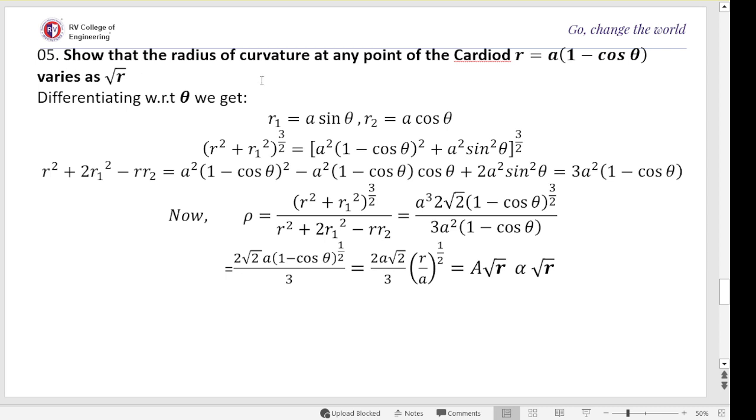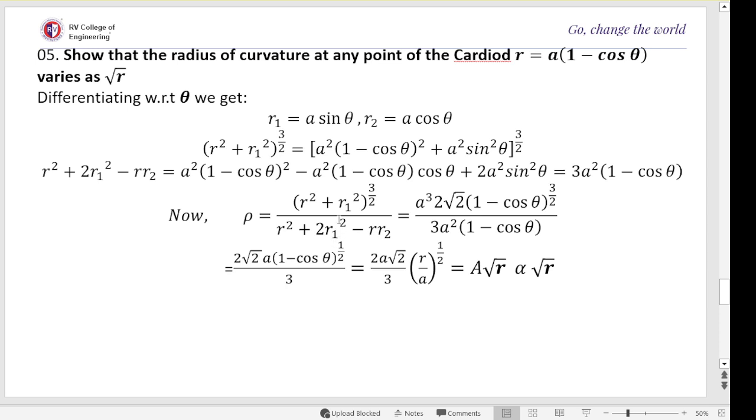Next: show that the radius of curvature at any point of the cardioid r = a(1 − cos θ) varies as √r. Here your curve is in polar form, r in terms of θ. So what was the formula? ρ = (r² + r₁²)^(3/2) divided by (r² + 2r₁² − r r₂).